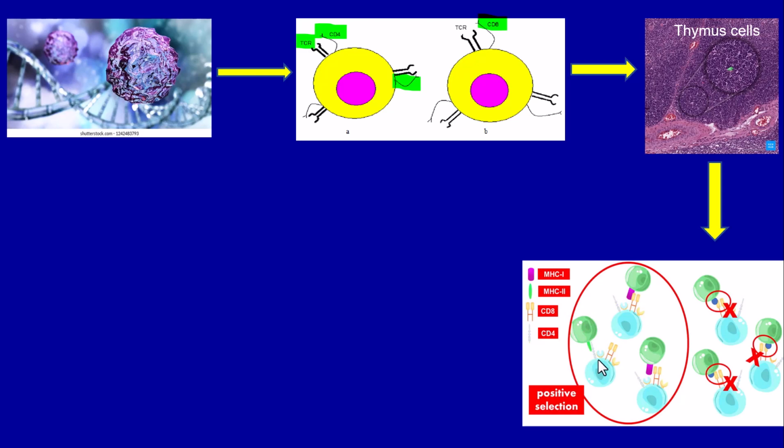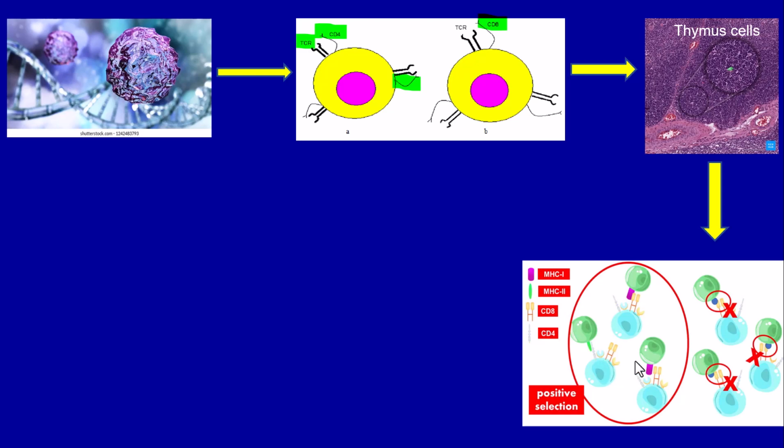If this is produced correctly and there is no abnormality developed during the stages of maturation, then they are accepted.